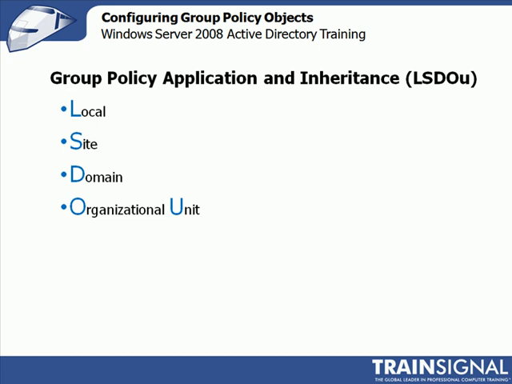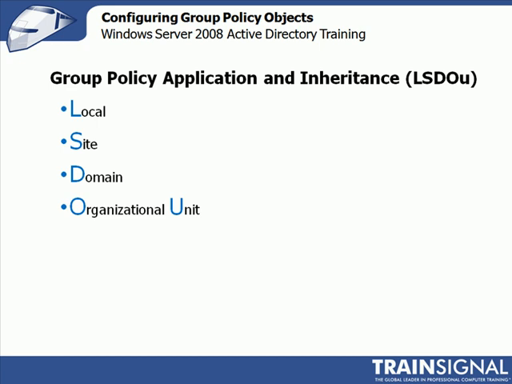Okay, and it has a lot to do with the fact that different locations means you're going over slow WAN links and things like that. Now, I'm not going to get into any great detail here. We'll save that for when we talk about sites. But basically, it's good common practice to not link group policy objects to sites.